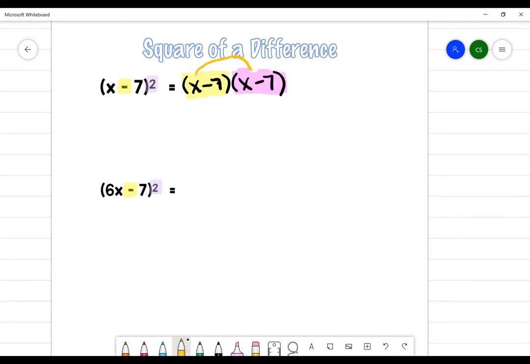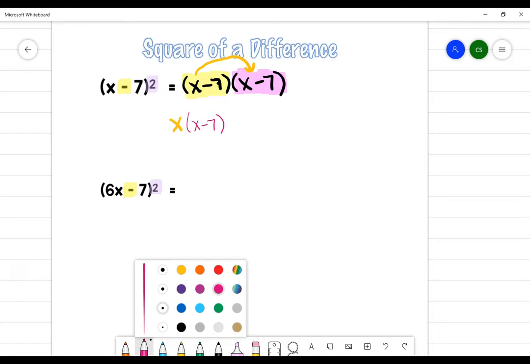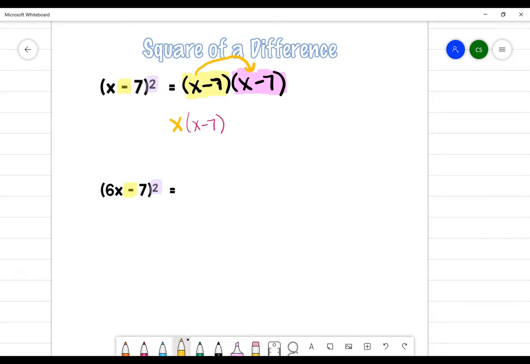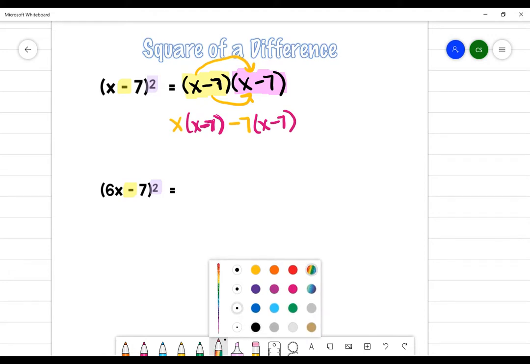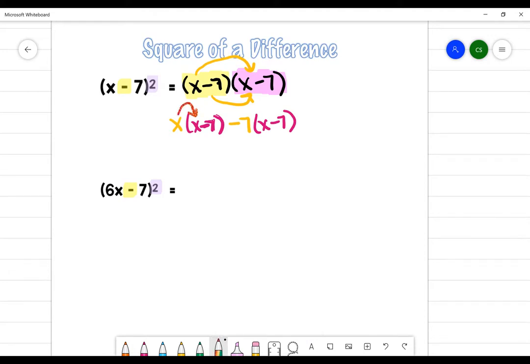So, multiplying x by the second binomial. And multiplying a -7 by the second binomial. Good old distributive property. Distribute x to x. That means x times x. How many x's do I have?